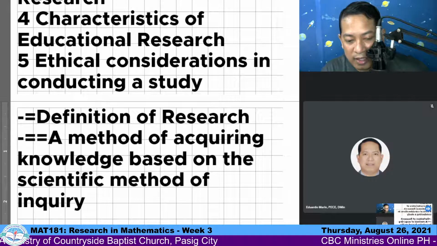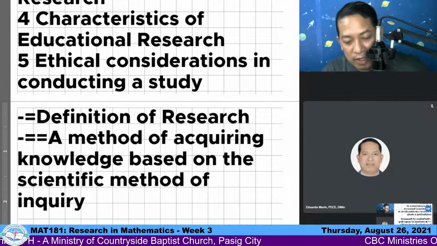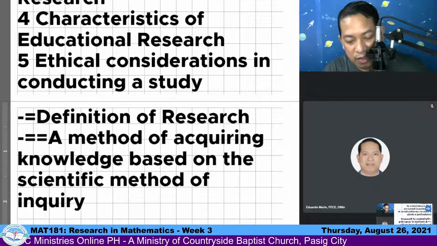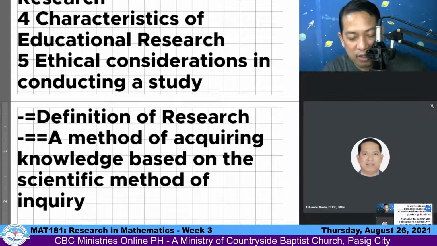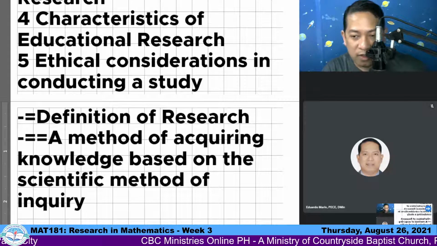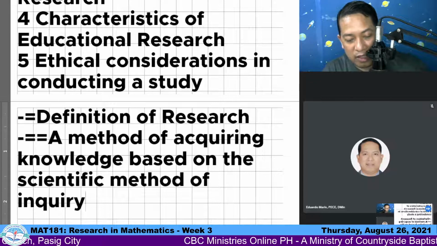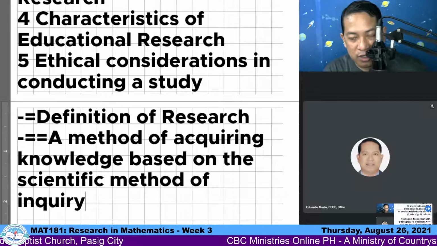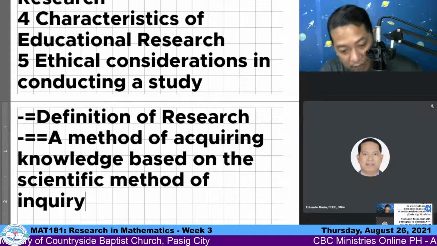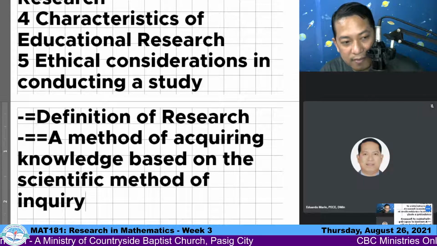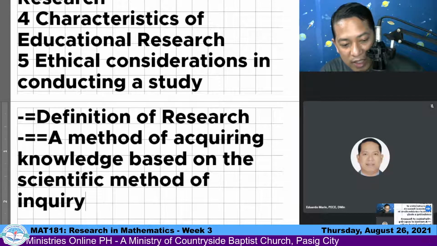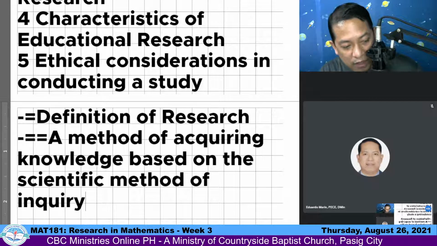There's this systematic method that we will be discussing throughout this one-semester course in research in mathematics, majority of which is the fundamentals of research, or sometimes in graduate study we call it methods of research or research seminar. So that's based on the scientific method of inquiry.